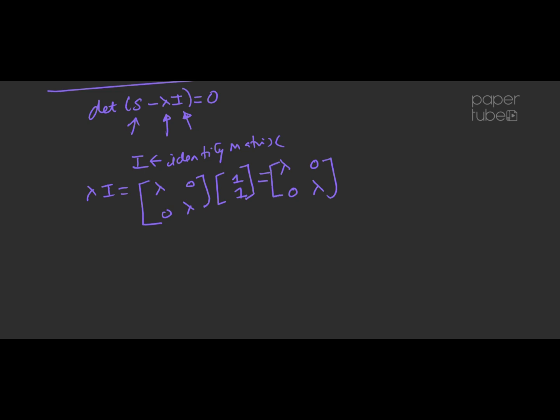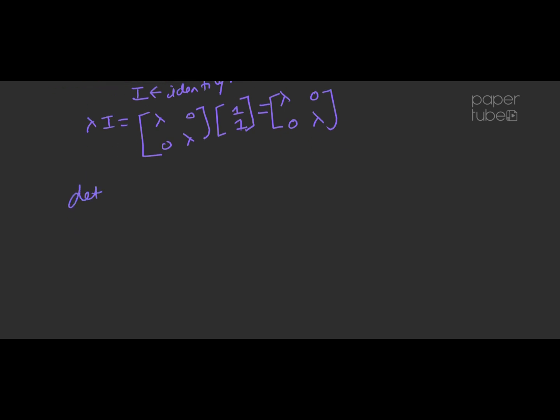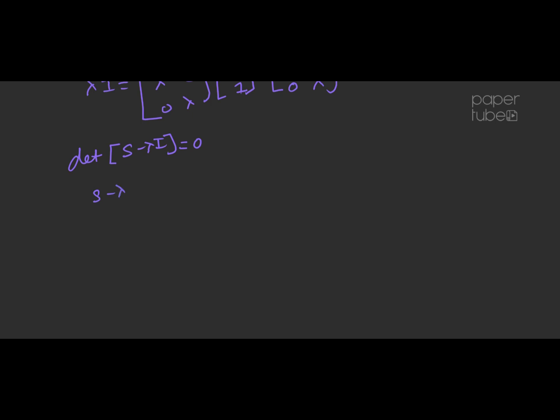So you have to subtract this value from the covariance matrix, and then you set the determinant value equal to 0. So let's do that. Determinant of S minus lambda I is equal to 0. So that means S minus lambda I should be equal to 12383, minus 2067, minus 2067, 352, minus lambda multiplied by I, so that's lambda 0 and then 0 lambda. So you subtract these values.